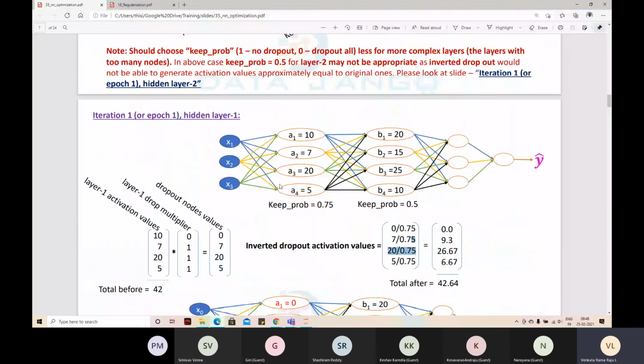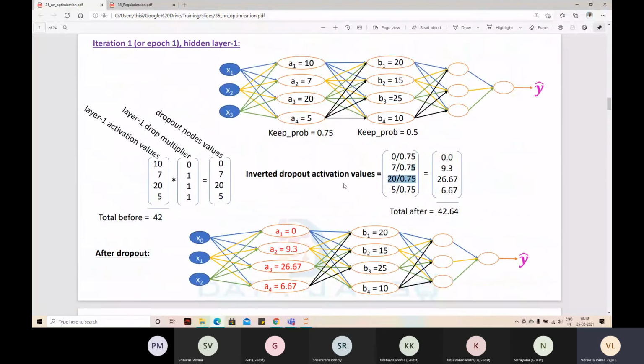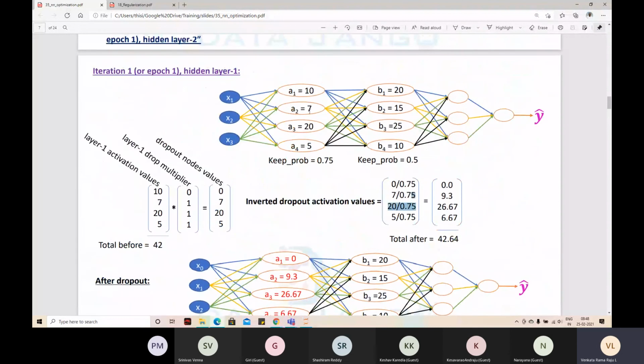So I should have kept this layer and then a dropout layer, where only one will go into the dropout layer. This will go into this, this will go into this, like that. Got it.